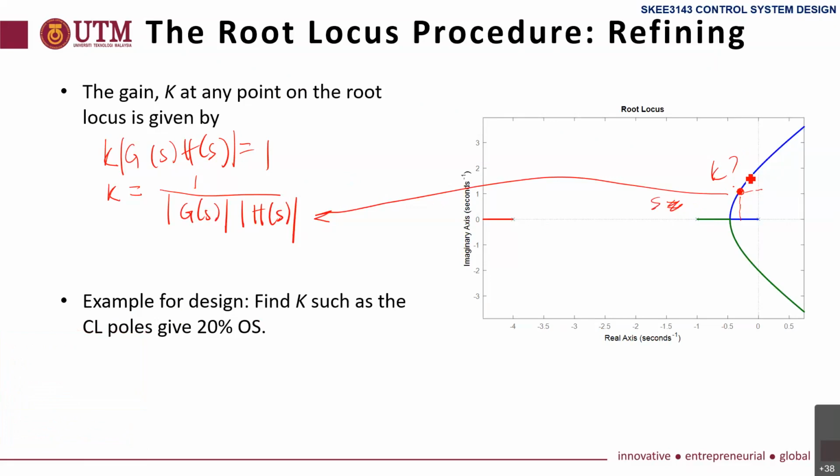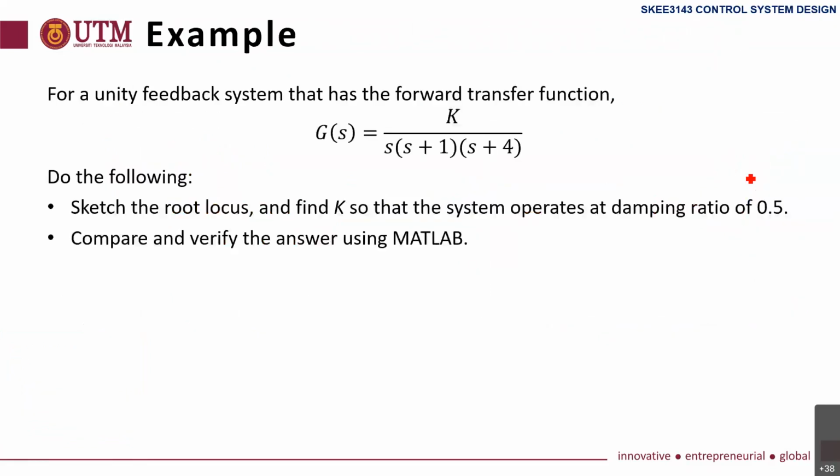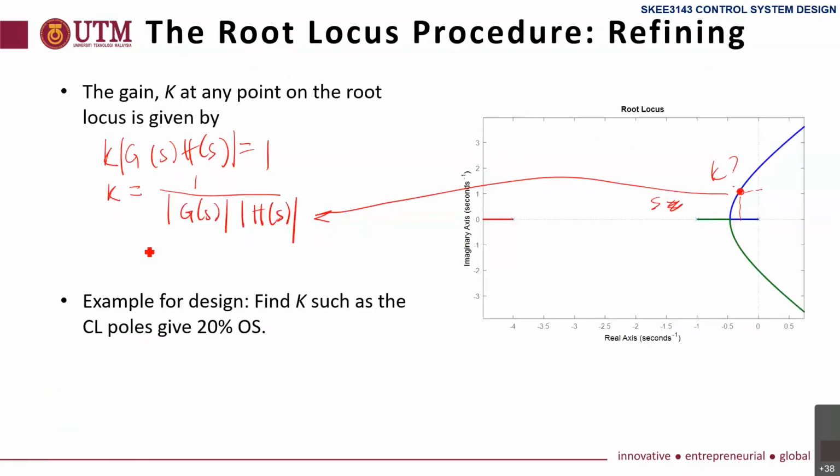Or it can also be represented by this, because G times H is actually the zeros over the poles, numerator over denominator.